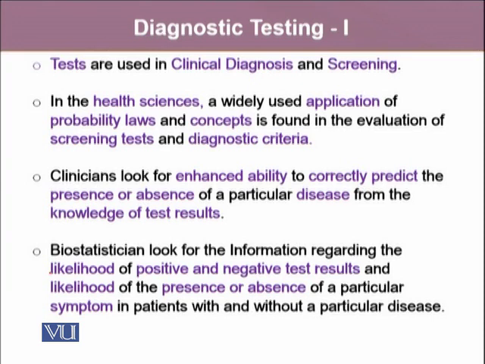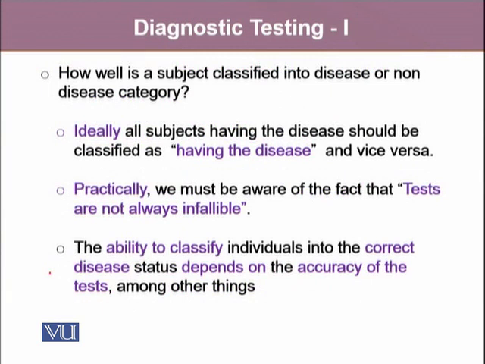Clinicians look for an enhanced ability to correctly predict the presence or absence of a particular disease from the knowledge of test results. Whereas the biostatisticians look for information regarding the likelihood of positive or negative test results in the presence or absence of the disease or any symptom in our subjects.